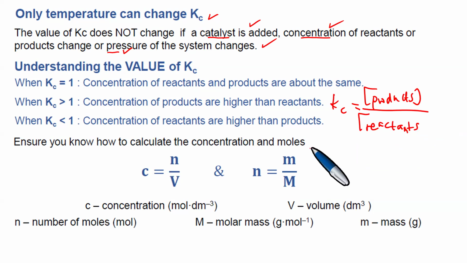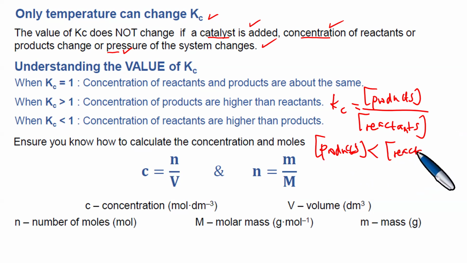If the Kc is smaller than 1, that would mean that the concentration of the products is much less than the concentration of the reactants.